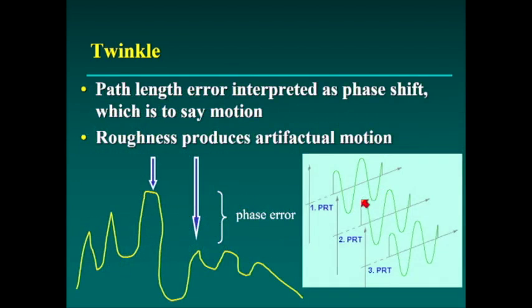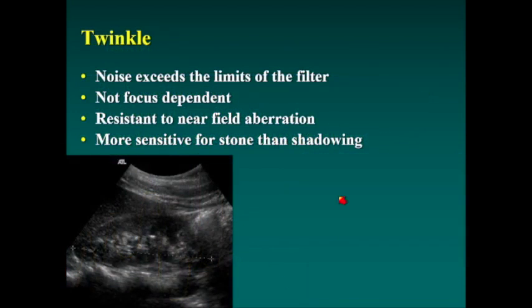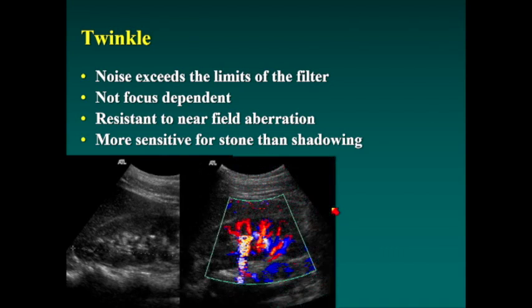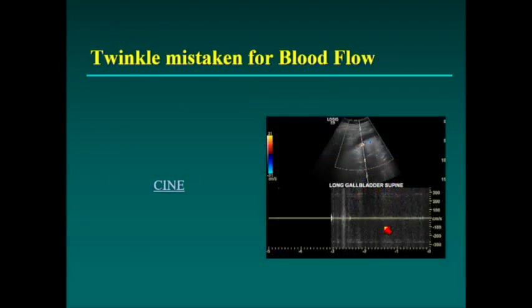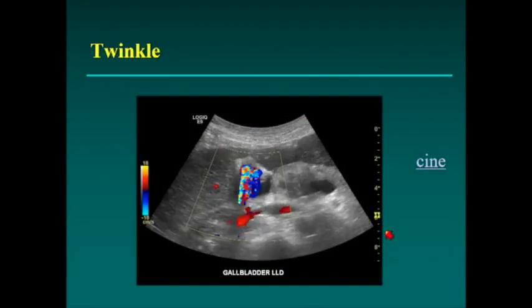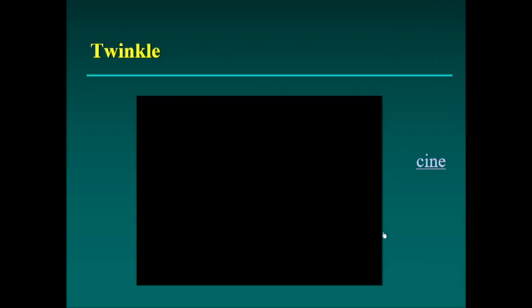It's caused by a phase shift between a high part of that roughened surface and a low part. And so all phase shifts are not motion, but it's sufficient that we will see that twinkle artifact indicating the site of a roughened surface, so it's useful in identifying stones in the kidney as well as stones elsewhere, like here in the gallbladder.